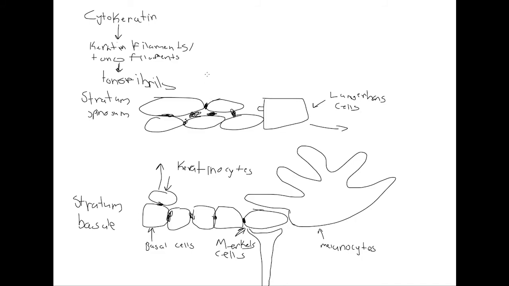And these keratohyalin granules we'll talk about in the future because they're more important in other strata of the epidermis. And when these keratohyalin granules are being produced, lamellar bodies are also being produced, but we're going to be talking about that more in the next video because they function in the strata after the stratum spinosum. But they start being produced in the stratum spinosum.